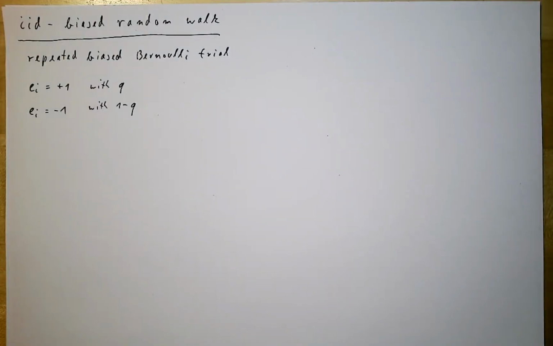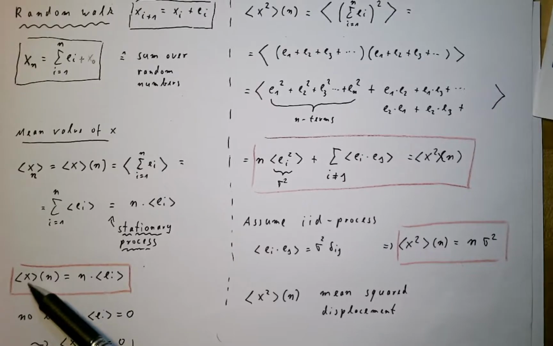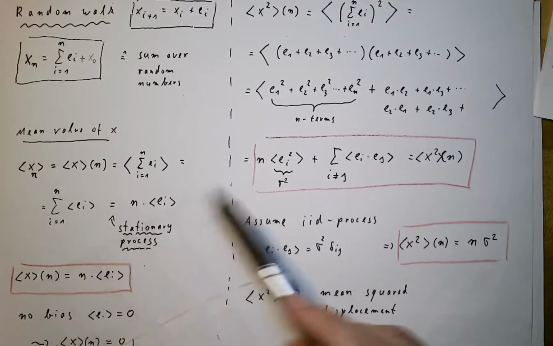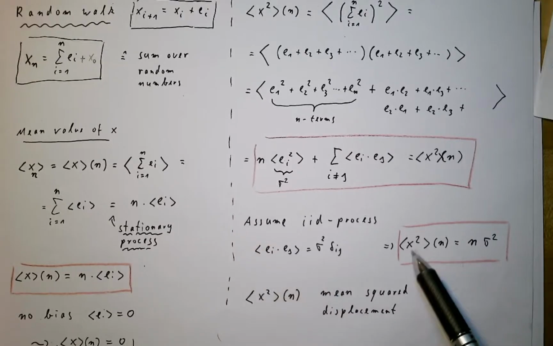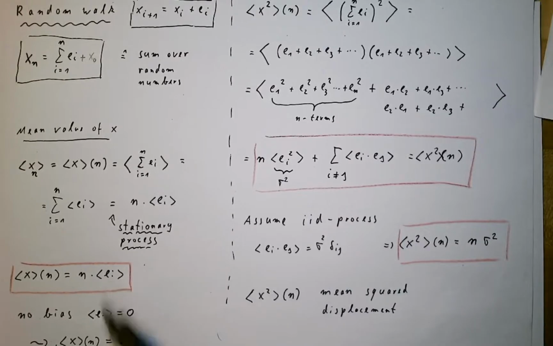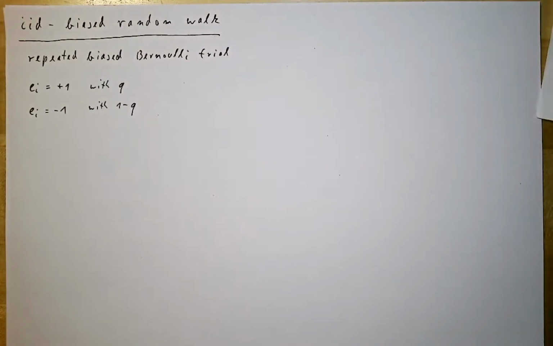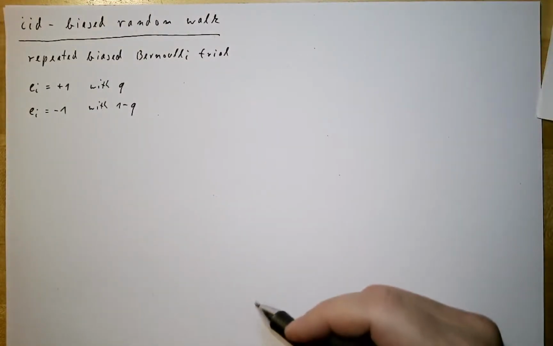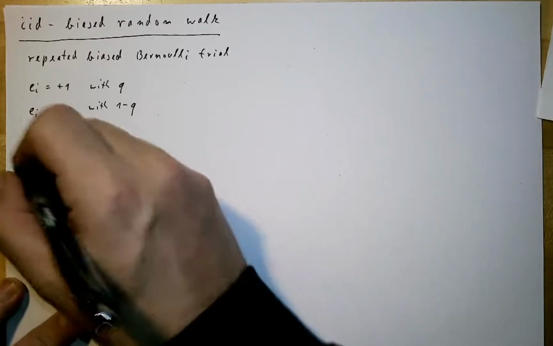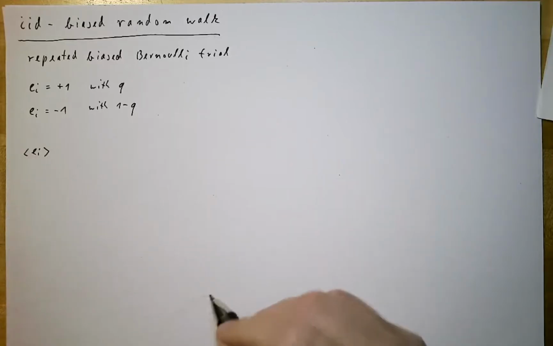Now the question: what are the properties of the walk? You remember from our calculation, we want to know the properties of the walk, like the mean position or the second moments. In order to do this, we need to know the expectations of our increments first. So let's have a look. What is the expectation value of our increments?